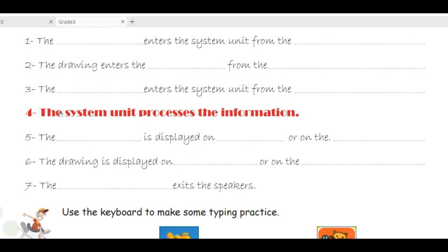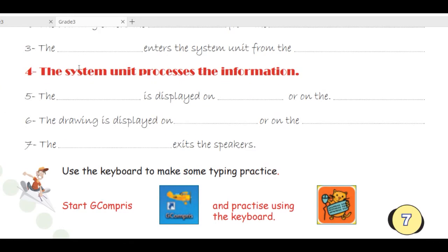So once you are sure that your students can do this exercise, it means that it's okay with them, the skills are acquired, and you can move forward with other skills. If you have extra time remaining, you can launch the jCompris software and practice some activities like the keyboard or the mouse.